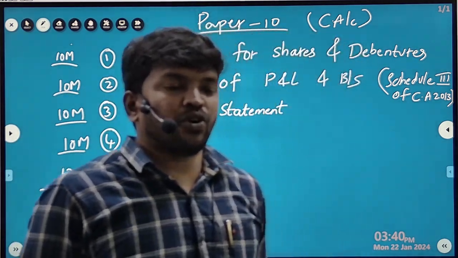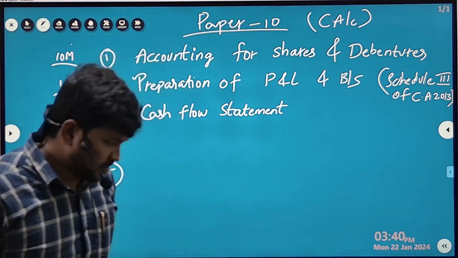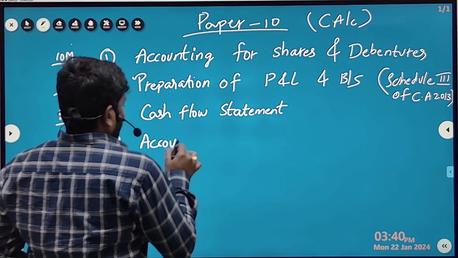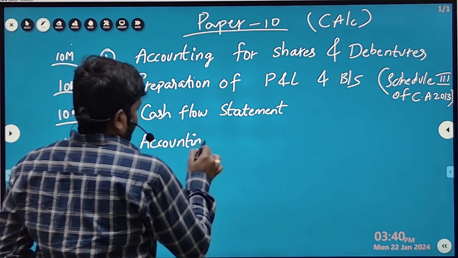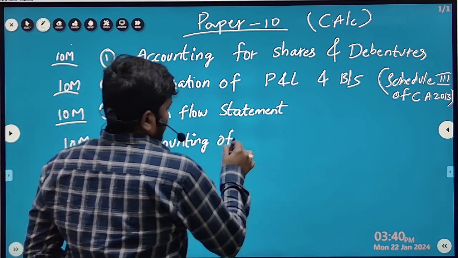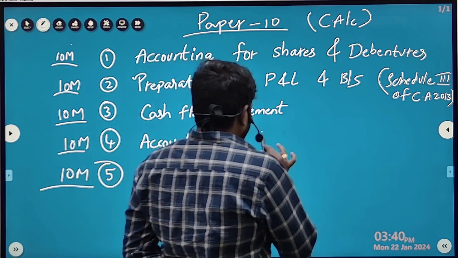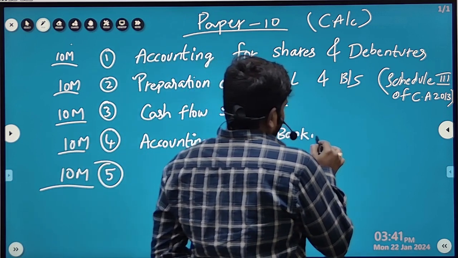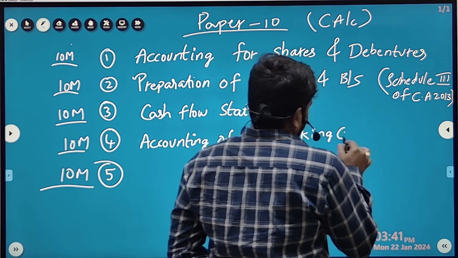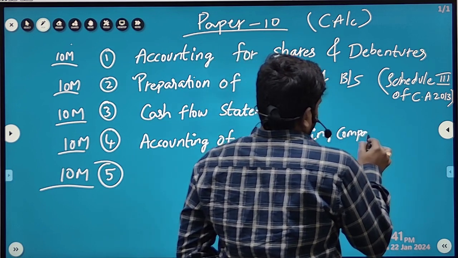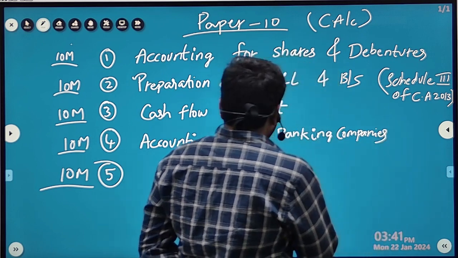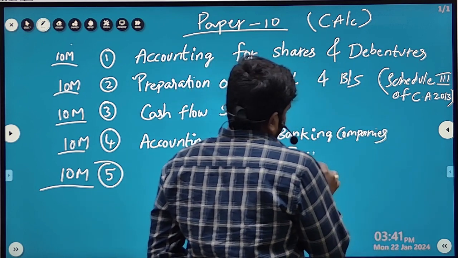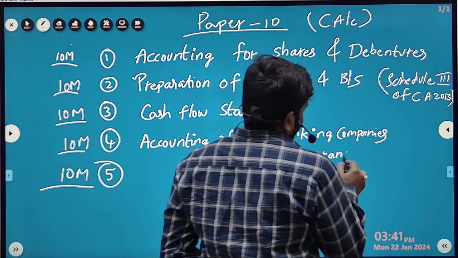Chapter number 4. Accounts of banking, electricity and insurance company. Accounting of banking. We have 3 parts here. One is banking companies. Second one, insurance companies.